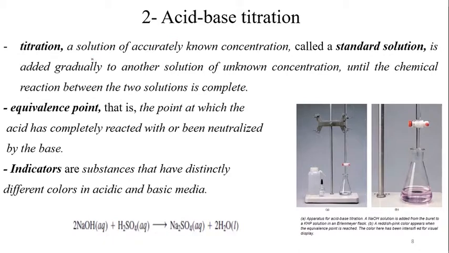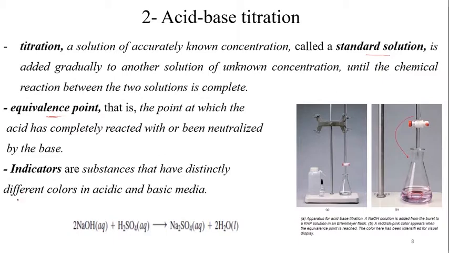In acid-base titration, a solution of accurately known concentration that we will use, as we said, the standard solution, that I will add gradually to another solution. My reaction will stop, or the equivalent point will be reached, when the concentration of the unknown material is completely equivalent to the amount that I add from my burette.